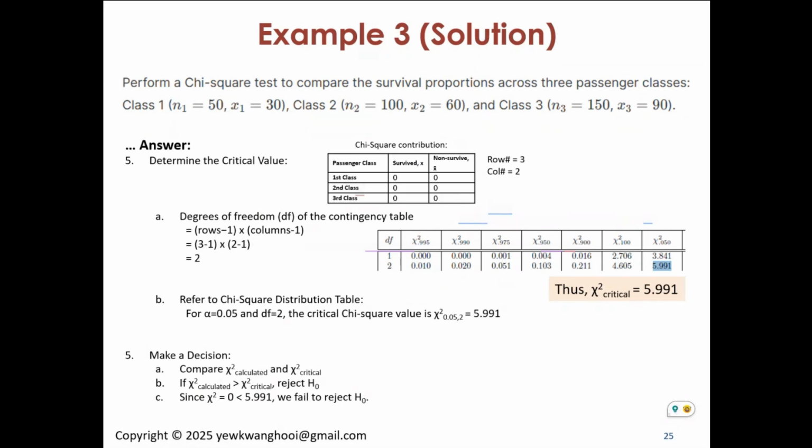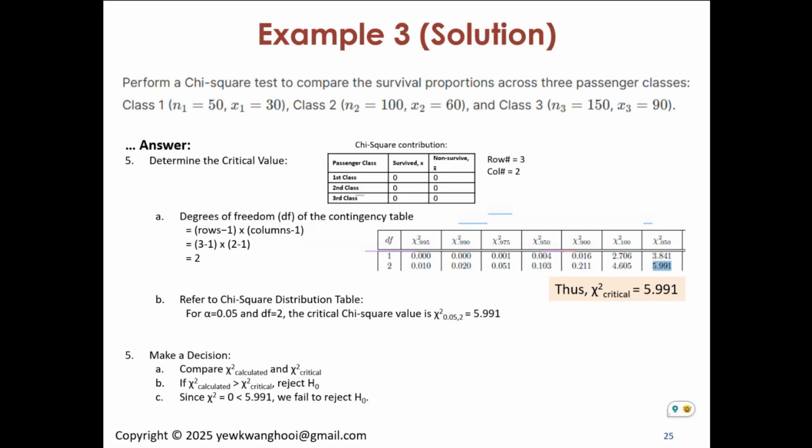That was for the calculated chi-square value. As usual, we need to determine the critical value from the statistical table. There is a page in the statistical table book for the critical values of chi-square.